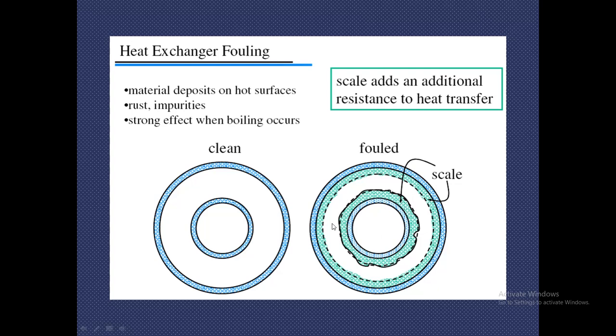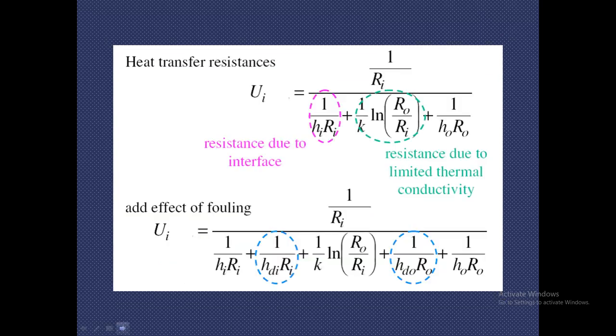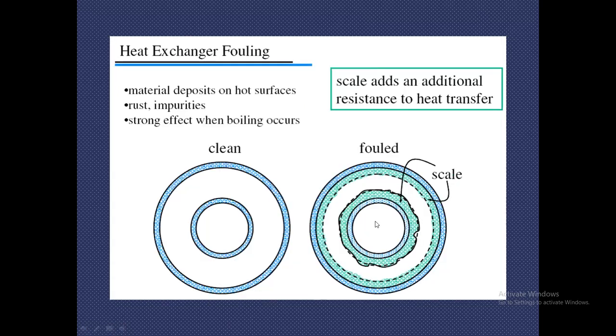The formation of scales here, or fouling material, also offers resistance to flow. So this is for the outer, and if there's another thing inside, there should be inner fouling as well. If you're going to consider fouling, class, you add on the 1 over heat transfer coefficient, the resistance of the scales, in this case the scales that appear on our inner tube.